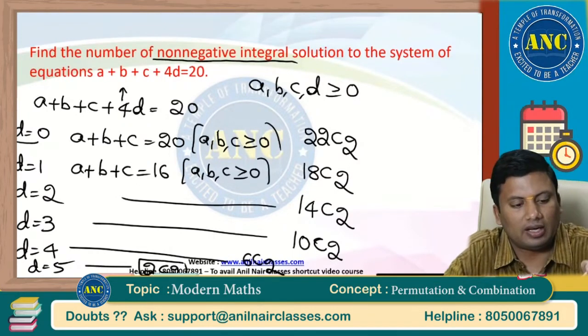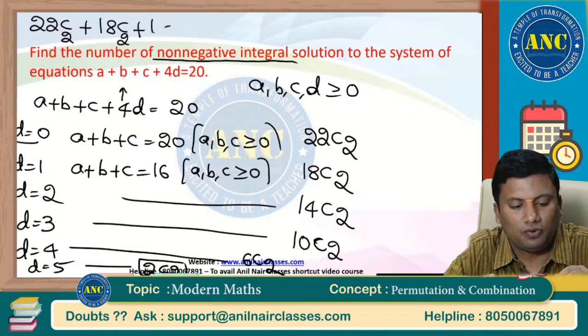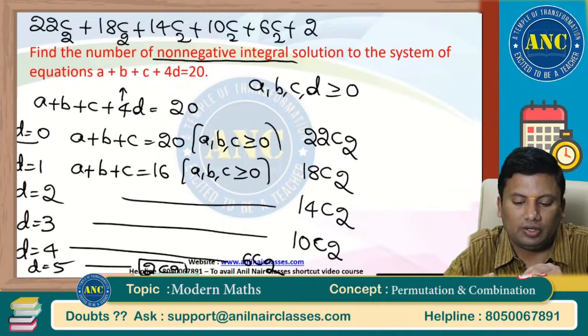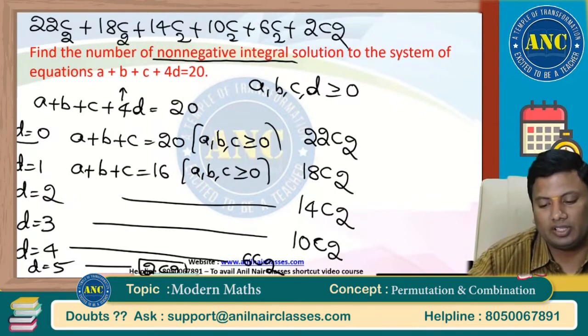So the answer for this question is 22C2, 18C2, 14C2, 10C2, 6C2 and 2C2.